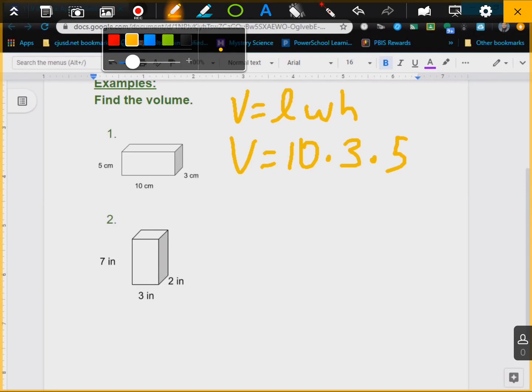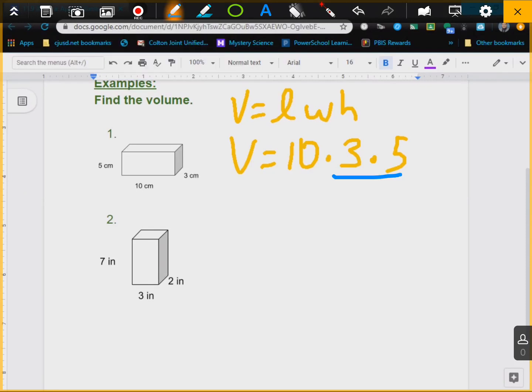So I'm going to multiply 3 times 5 first, because to me that seems to be the easiest one. I know 3 times 5 is 15. Then I'm going to do 10 times 15, and I know I just need to add a 0 to it, right? So add a 0 to 15, and that gets me 150. And so 150 is your answer.